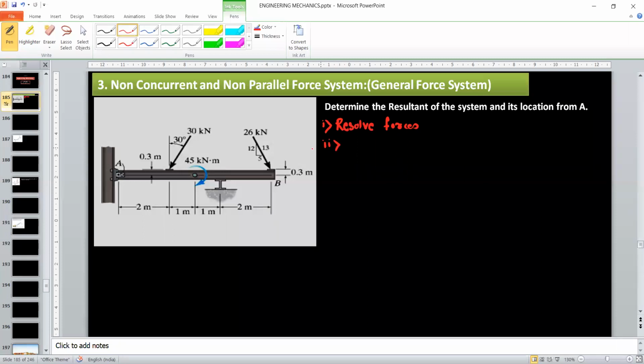Then, after resolution of all the forces, take the summation Fx, that is, add all x components, and likewise take summation Fy. The next step is to use the formula for resultant, which is R is equal to square root of summation Fx square plus summation Fy square. By using this formula, you will get the magnitude of the resultant.